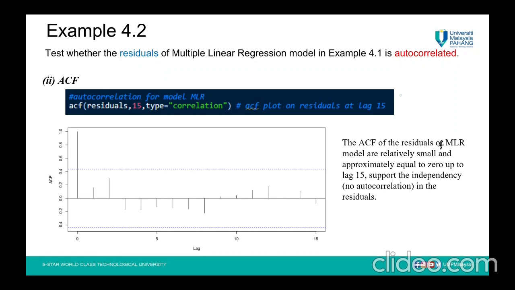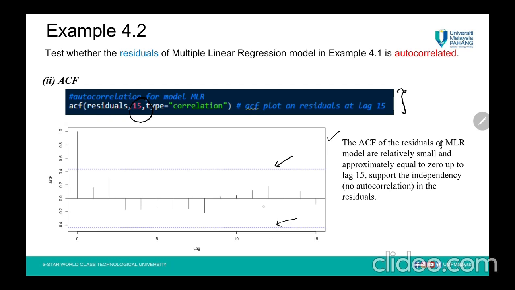The second approach is by using the ACF plot. By using this R code on the residuals of the MLR model for the data in example 4.1, and by taking K max equal to 15, the ACF plot is as shown here. It can be observed that all ACF values up to lag 15 are in between two standard errors of ACF. Two standard errors of ACF here are represented by these two lines.